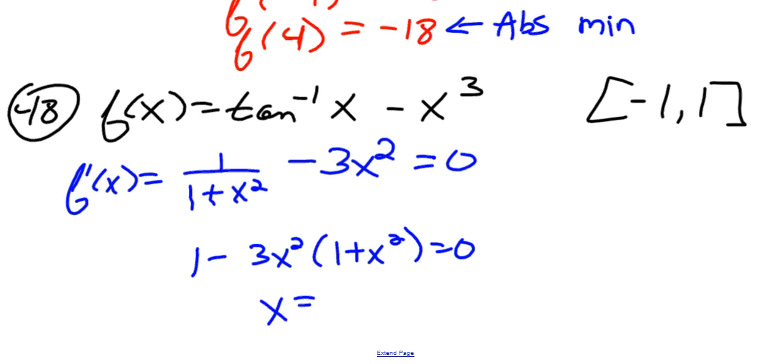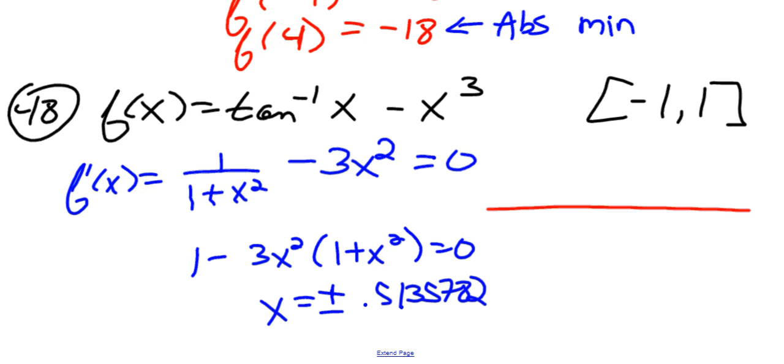I do see that I get critical points of positive and negative 0.5135782. And then, yes, you can go to smaller decimal places than I have here, but it's up to you. You want to go ahead and set up your test intervals.